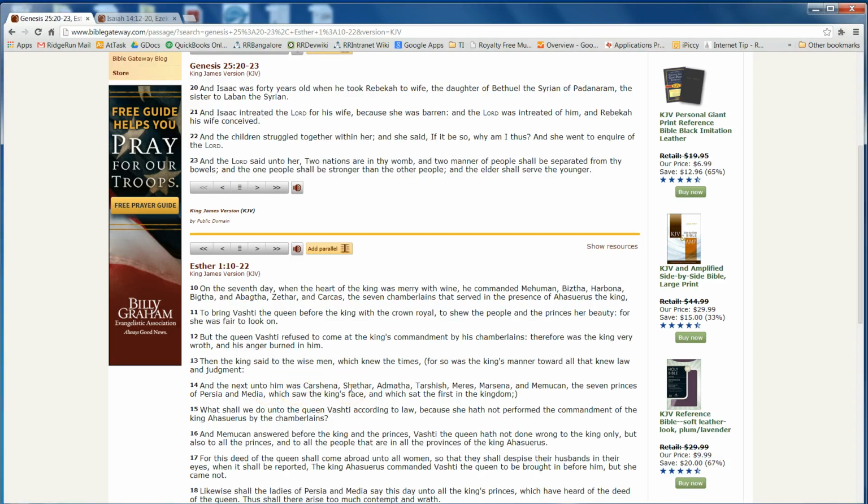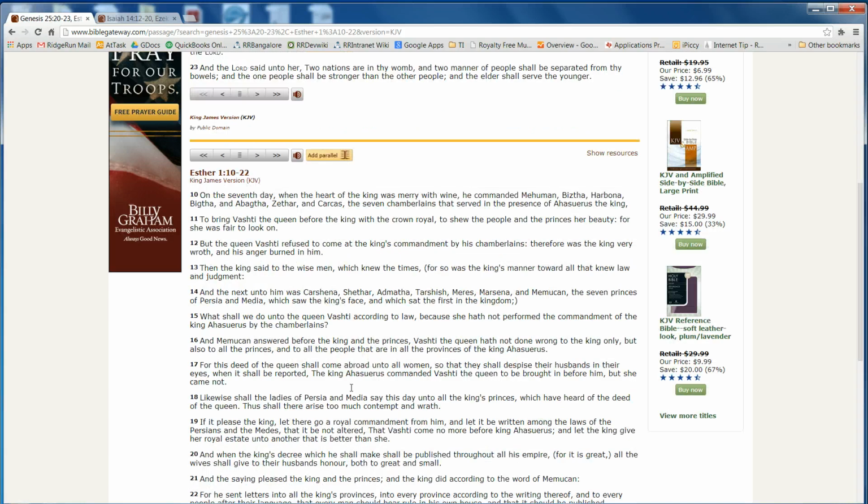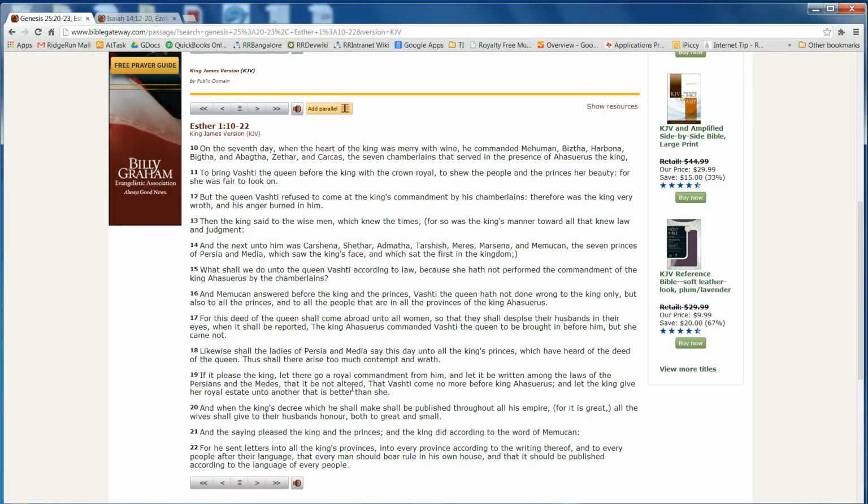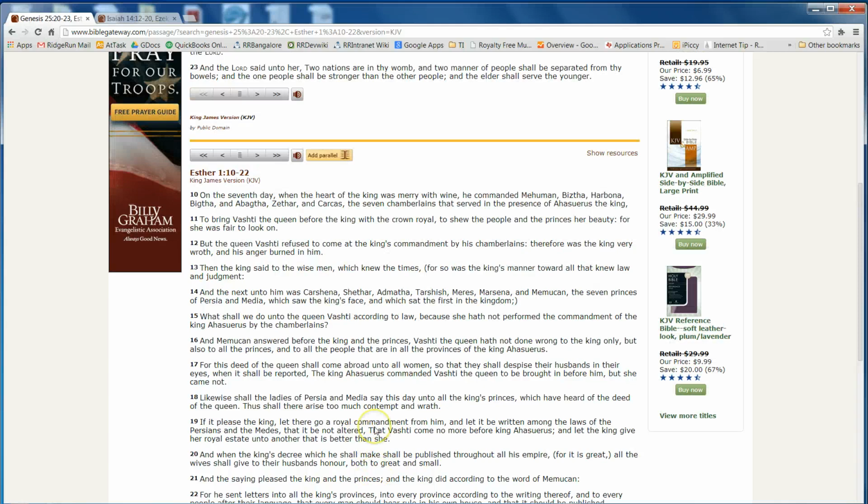And then I won't read it all the way down, but then they come up with the fact that King Ahasuerus should give a decree that the wives should be subject unto their husbands, and then next they sent a search out into all the provinces to look for a wife to basically replace Vashti, and that's where Esther comes into the story.